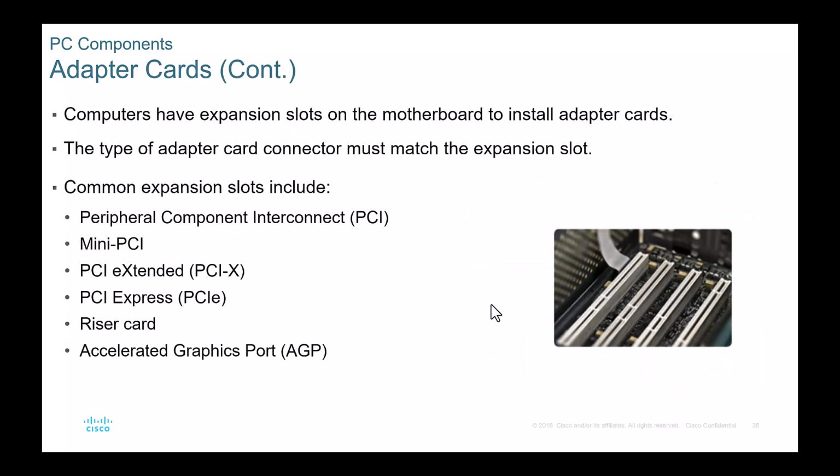The actual cards themselves, or those ports, come in a lot of different flavors based on the different speeds that you need. So again, if you look at our boards, you can see we have our graphics, we have our standard PCI, and then we have our X16 slots.